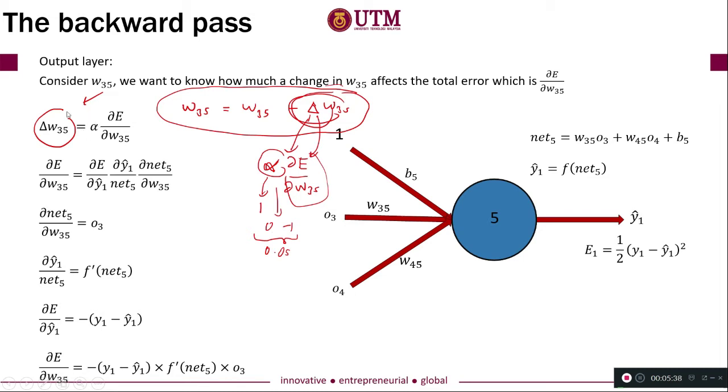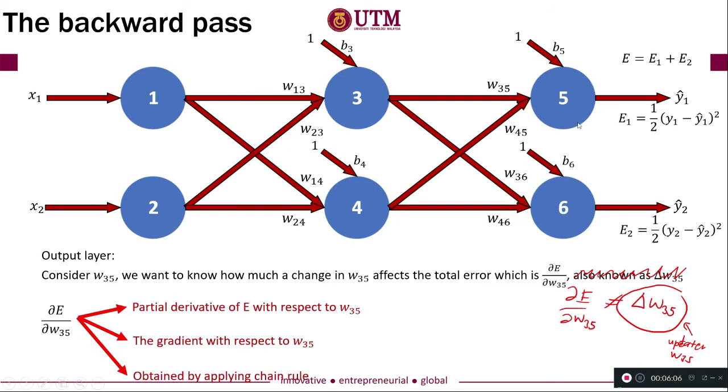In order to obtain this updater, you need to know the gradient. That's why our main objective is to find this gradient, because we want to find the updater. So how do you express this one? If you extend from the previous slide, how do you find that one?